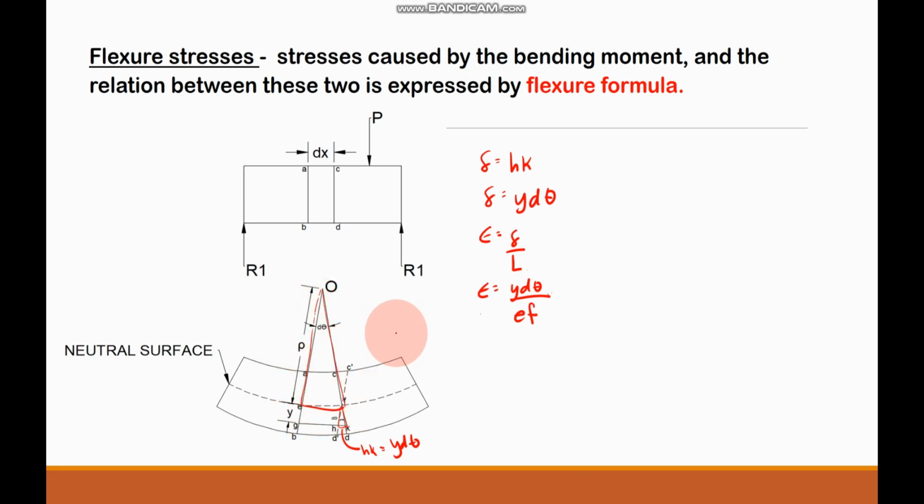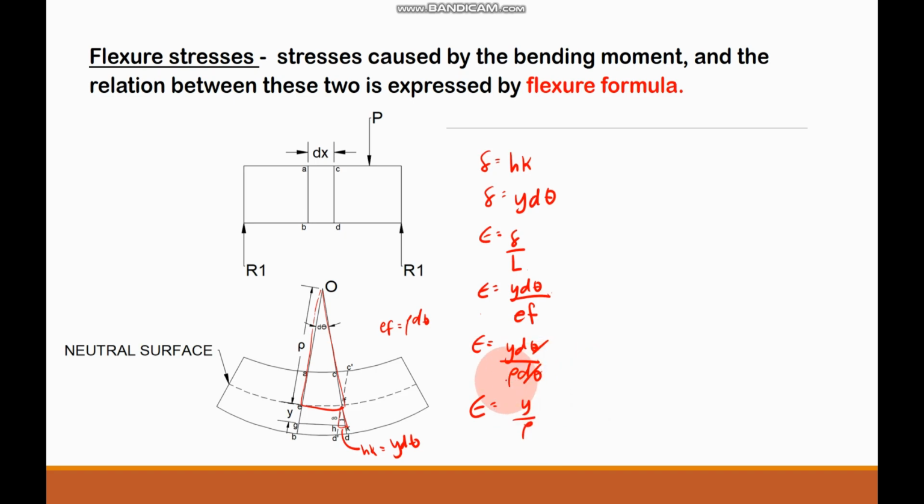So EF is equal to ρ dθ. If I substitute at this part, y dθ all over ρ dθ, cancelling dθ, our strain is equal to y all over ρ.